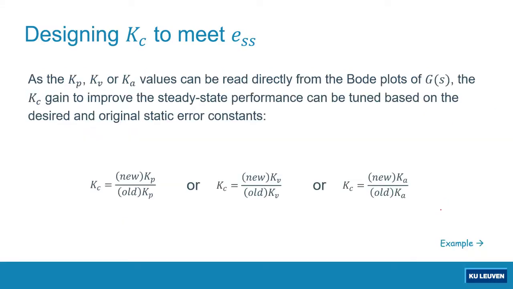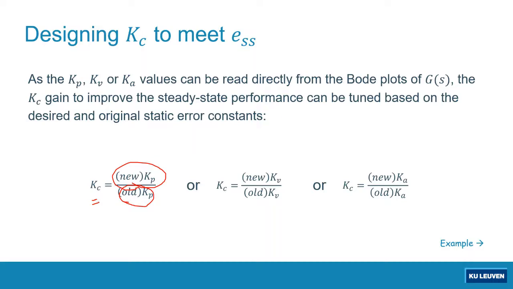Therefore, if I have a type 0 system and I want to improve the steady state performance in terms of Kp, from initially the old Kp to a new Kp, then I just have to introduce a proportional gain in my controller equal to Kc, where Kc is equal to the ratio between the desired Kp, the new Kp, and the original Kp, the old Kp.